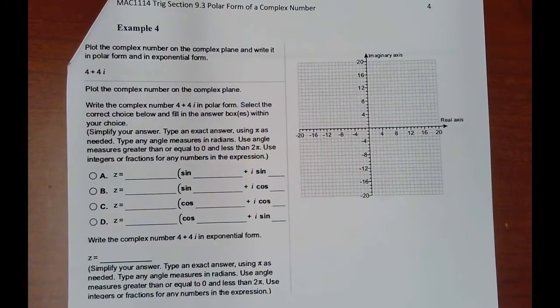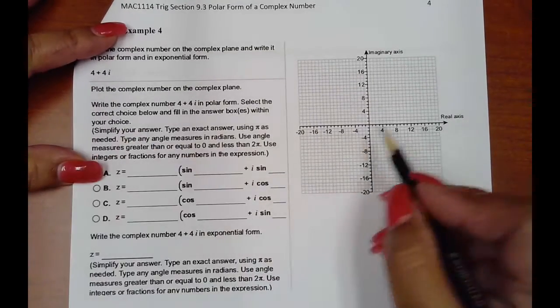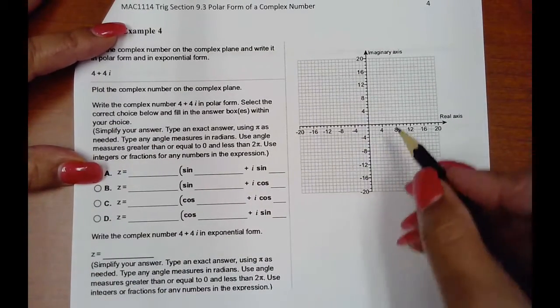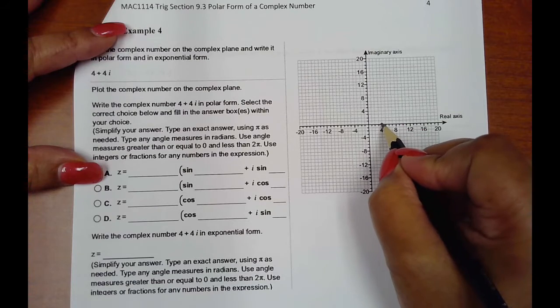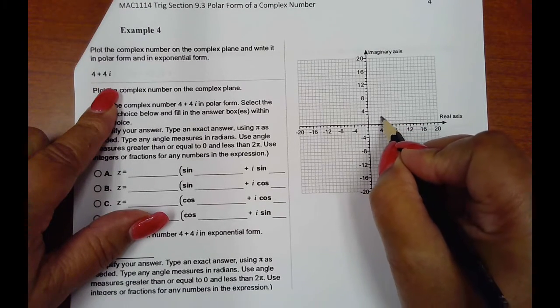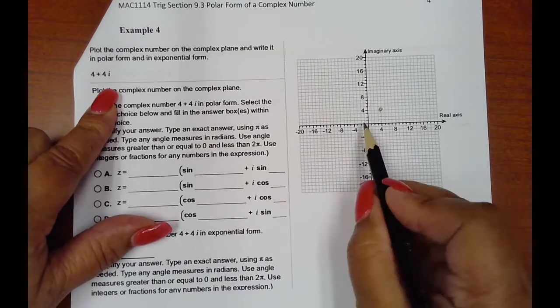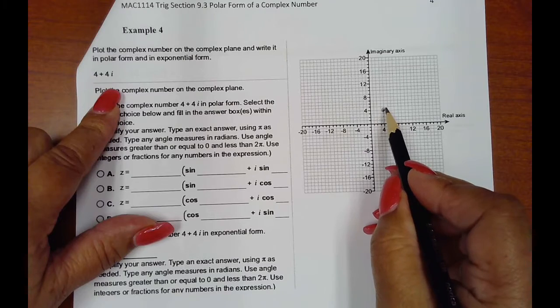So here it says plot the complex number on the complex plane and write it in polar form and in exponential form. So to plot this, the real portion gets plotted on the real axis, and then you would be going up 4i units. So this would be 1, 2, 3, 4 right there. That represents 4 plus 4i.